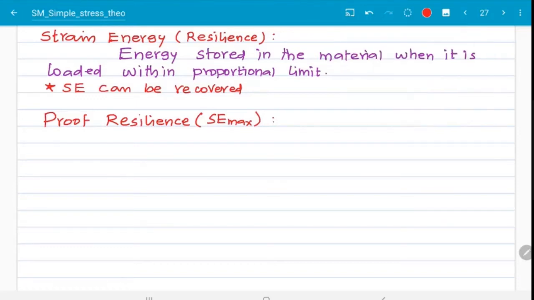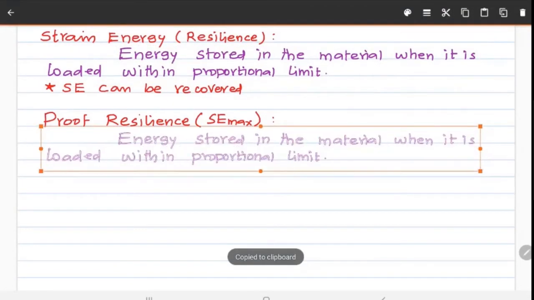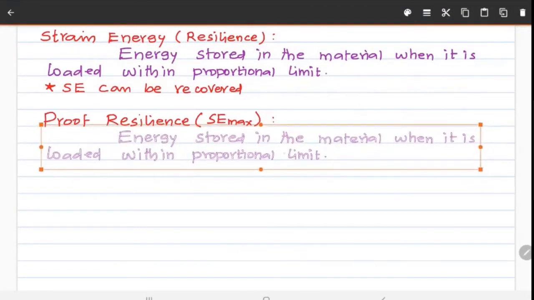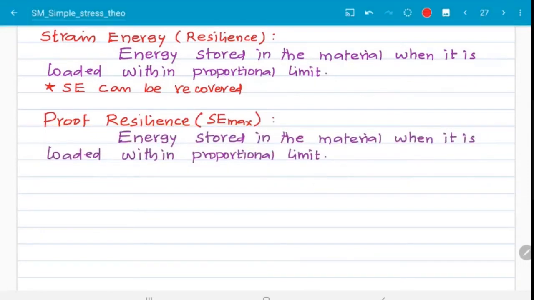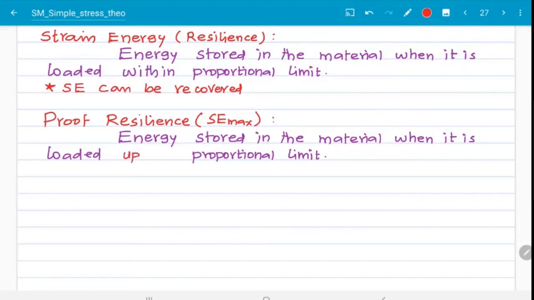Same definition of resilience, only small changes. Up to proportional limit. Okay, right.